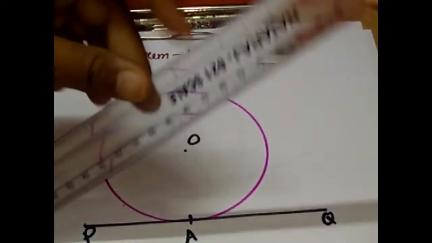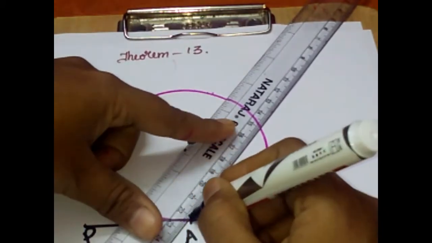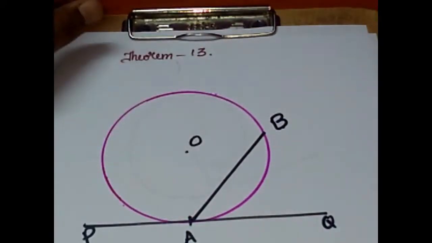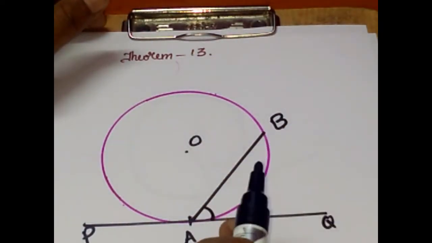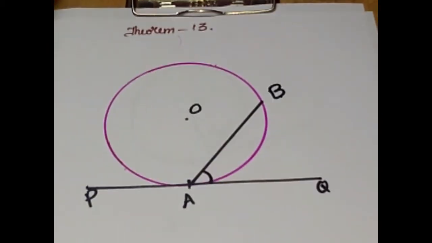Now, from the point A, let me draw a chord AB. So here we have an angle between the chord and the tangent at the intersection point. I hope the point is clear.